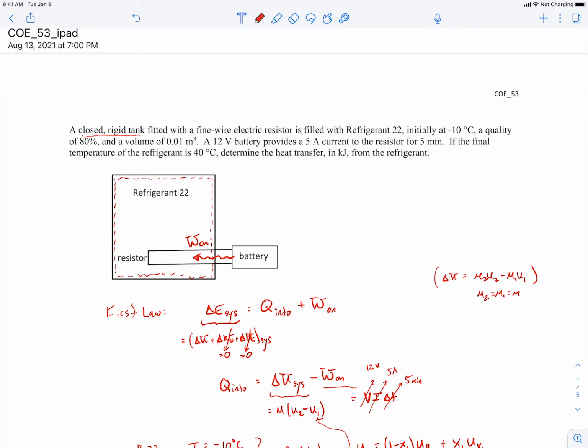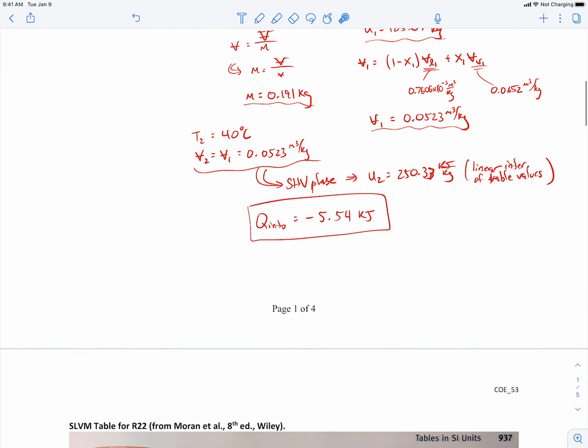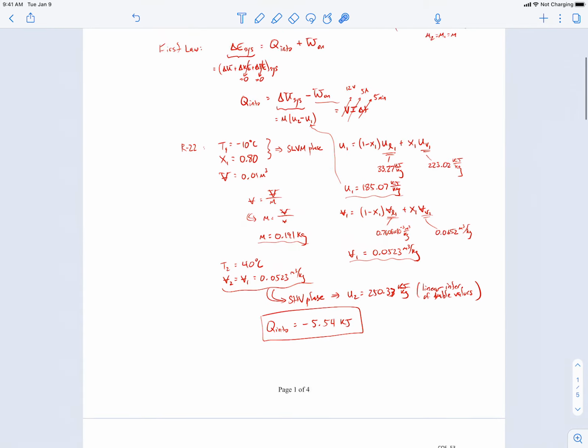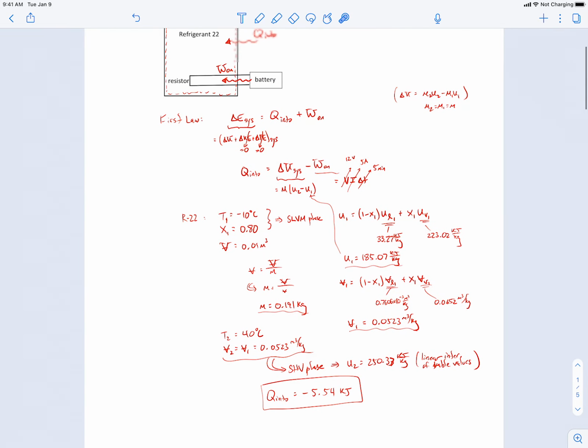So, I should have drawn this at the very beginning. We're trying to find the heat transfer. I assumed that the Q into is going into it, but it's actually coming out. So it's 5.54 kilojoules of energy leaving our R22. Okay. So this was just an application of the first law applied to this control volume.